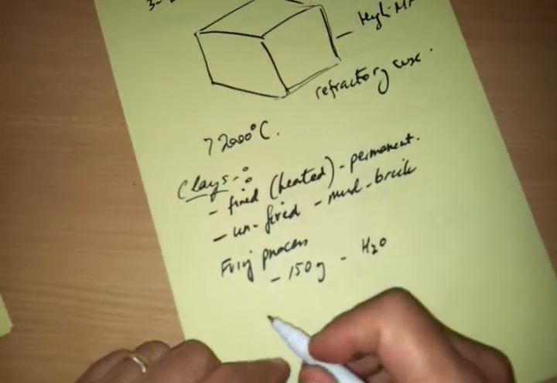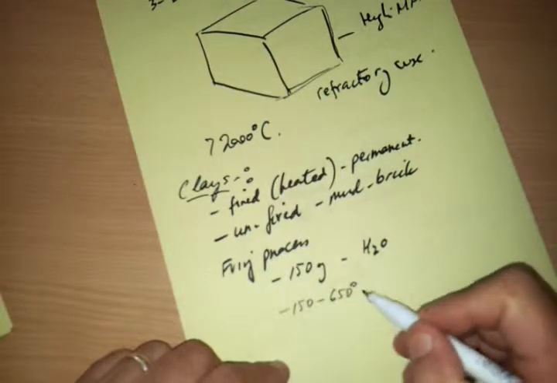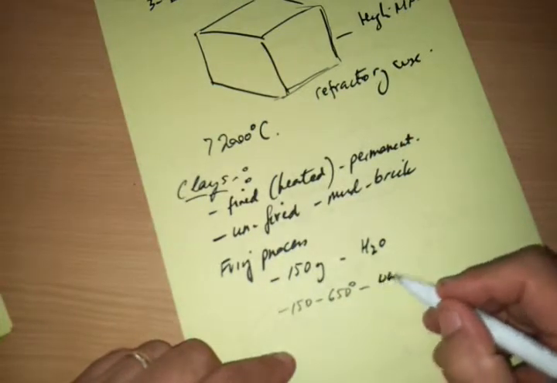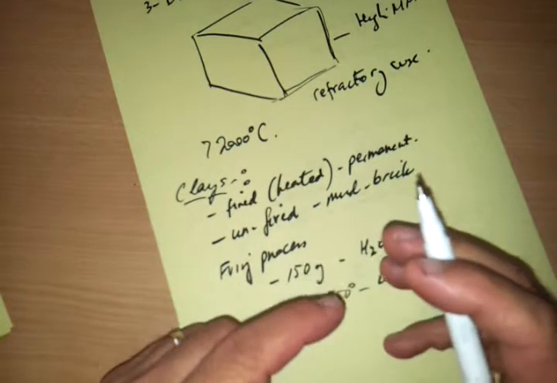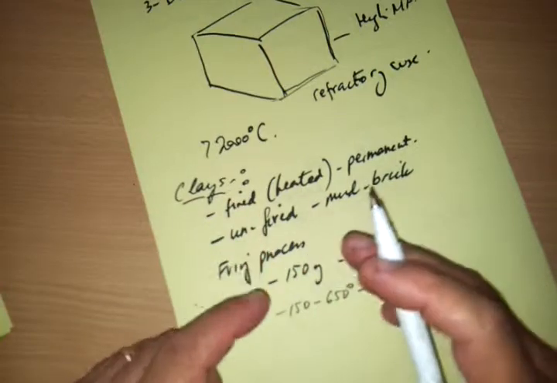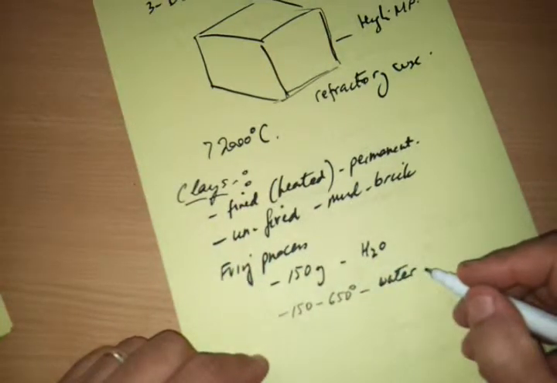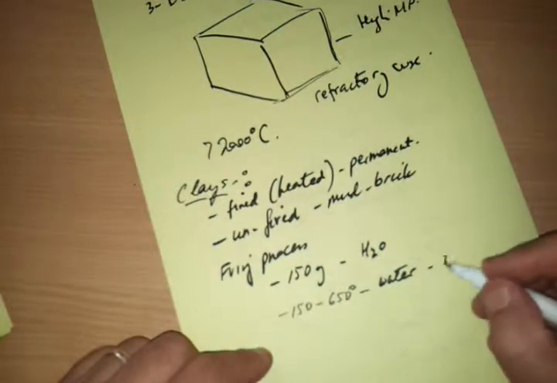So between 150 degrees and 650 degrees, and here we're talking some serious furnace, water is removed from within the atomic structure of the clay, and it becomes quite hard, and that's called dehydration.